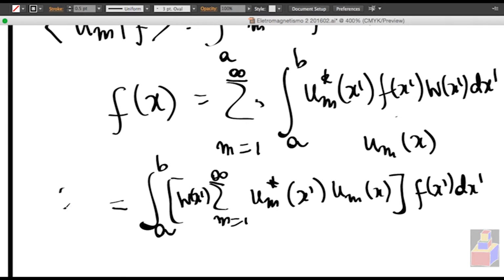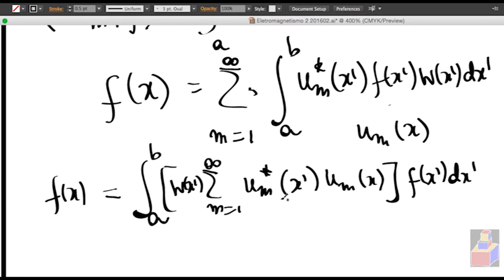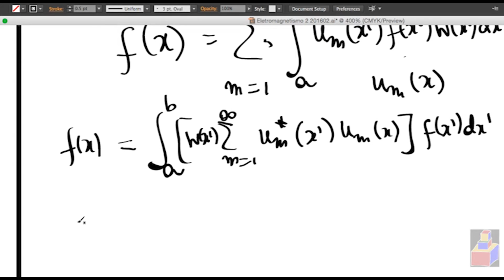So, what does the equation say? The equation says that a function of two variables, x and x prime, times f of x prime, integrated between a and b, equals f of x. But we have to remember a unique property of the Dirac delta function, which is that f of x can be obtained by simply integrating this.